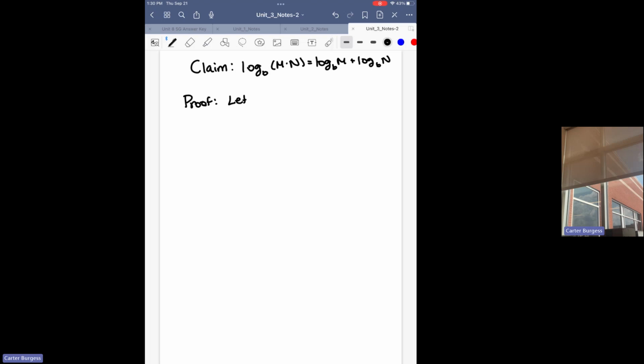X and y are really just placeholders that allow us to talk about what we're working with. So we're going to let log base b of m be equal to x, and log base b of n be equal to y. Again, that just lets us talk about these as if they are exponents.